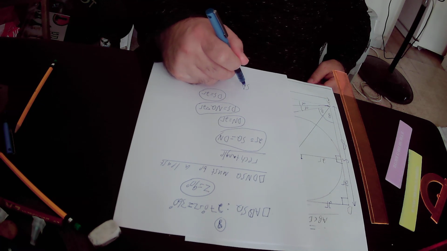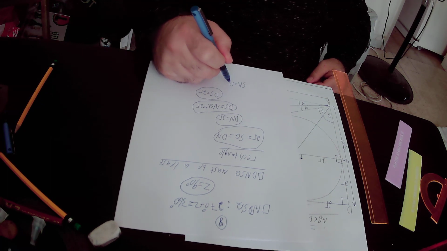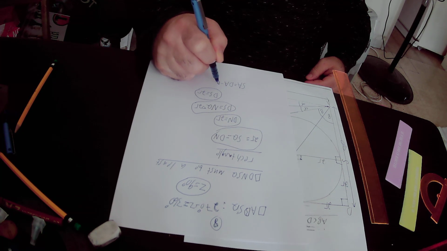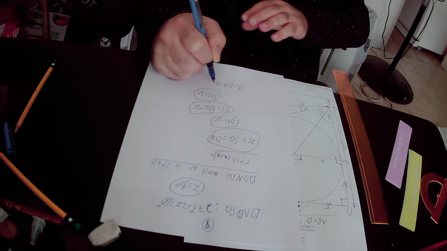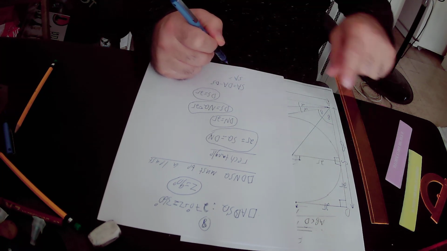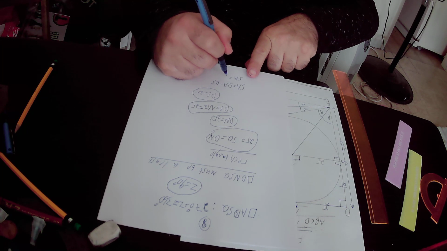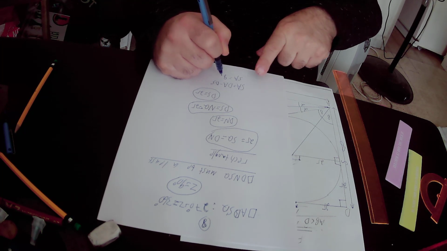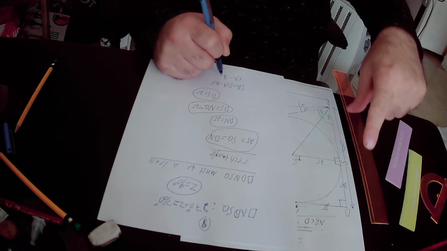SA equals DA, that is 8 units, minus DS, that is 2R.